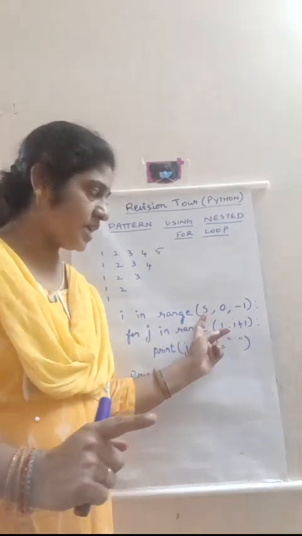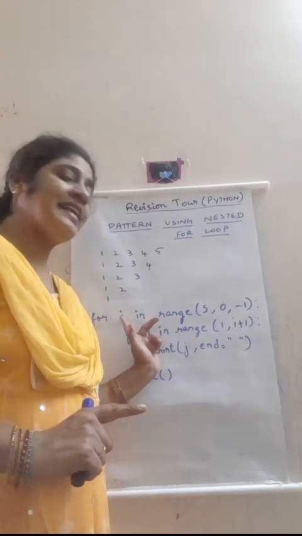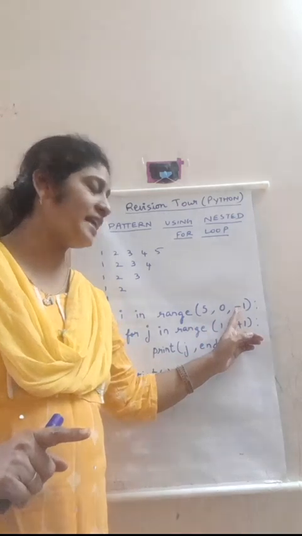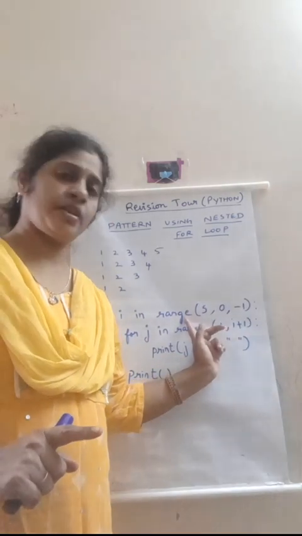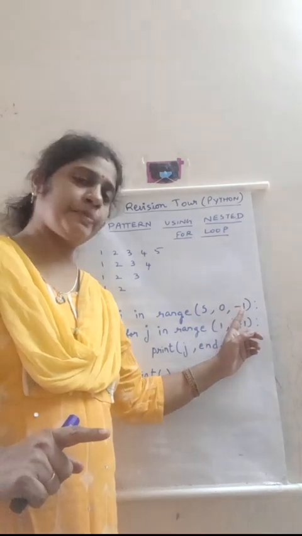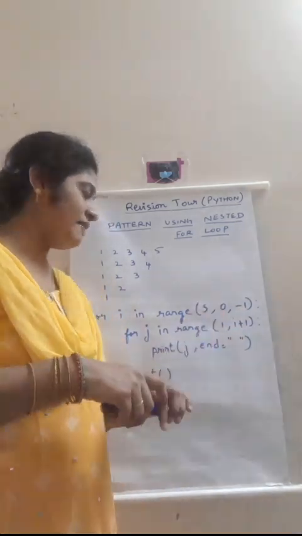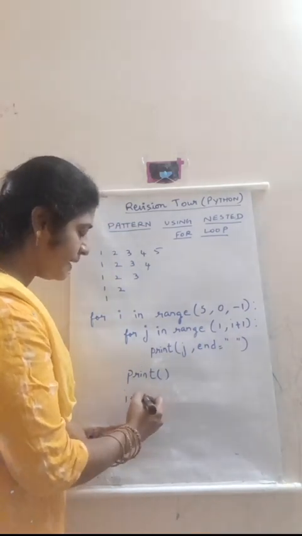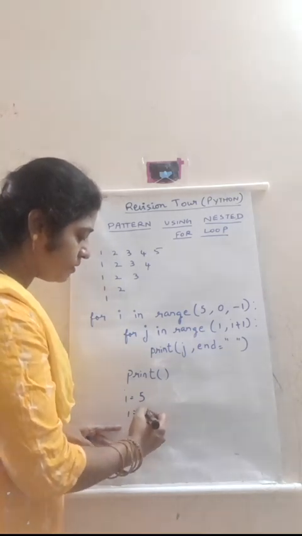to 5. Next time I have to decrement the value of i to 4. For that I have to specify the step for the range function. First the initial value of i would be 5, and the next value of i would be 4.